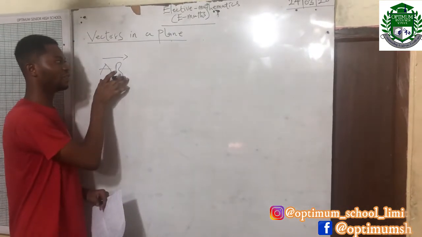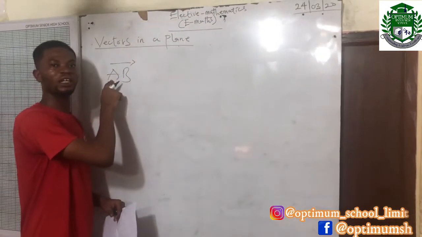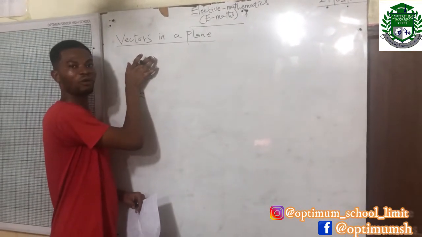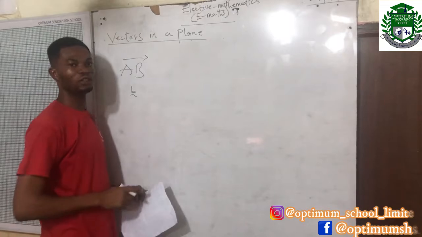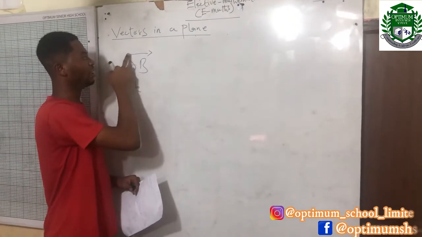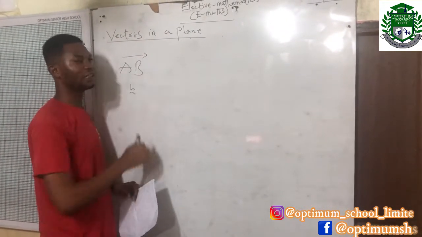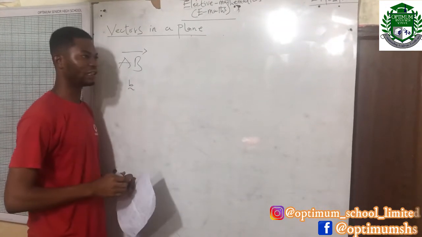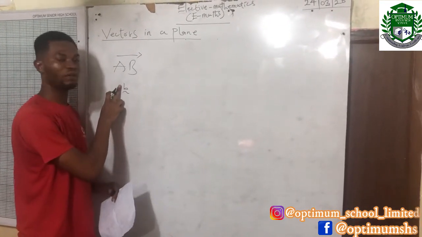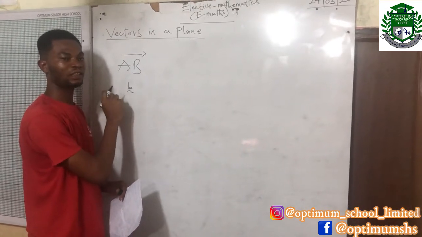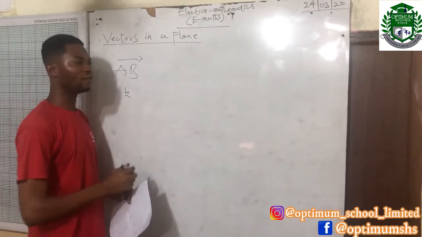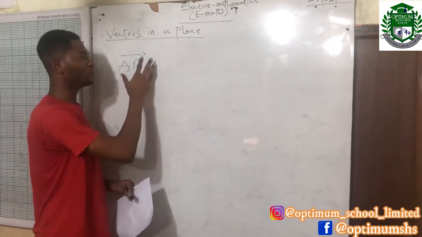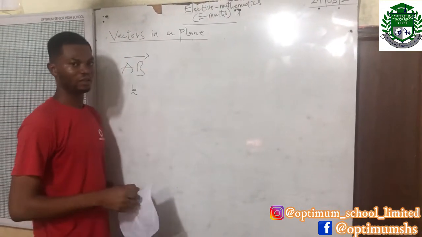Here, this vector means that it starts from A and ends at B. The arrow head tells you the direction, and the length of this line tells you the magnitude of that particular vector. And this is a position vector. Mostly we write it in small letters, and when you are writing it by hand, you have to underline it to show it's a vector. So these are some of the ways to represent vectors.